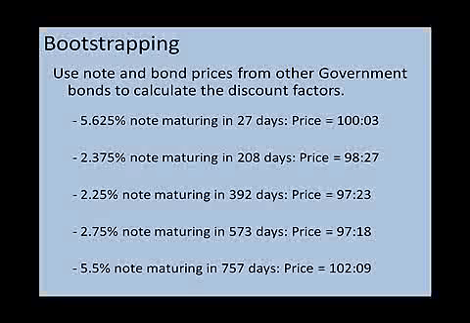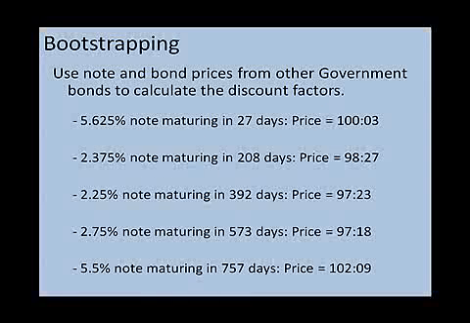Because we need 5 discount factors, we're going to need 5 different bonds. And we're going to need to find notes or bonds that mature at all the different times that we need discount factors for. So we need to find a 27-day discount factor. For that discount factor, we need to find a note or bond that matures in 27 days.